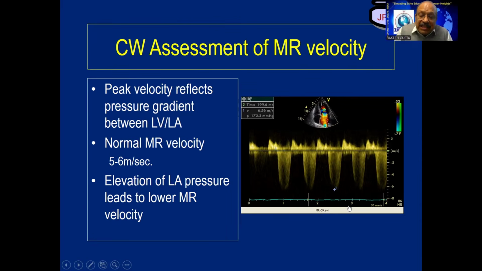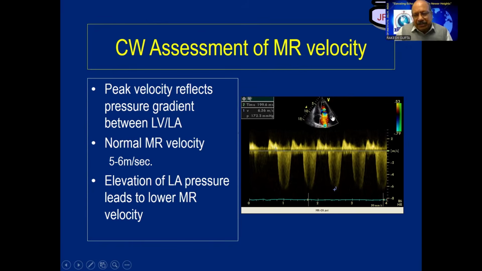If you have a lower gradient during your evaluation of MR, take my words, your LV is poorly contracting. Do it tomorrow. You will realize that patients who have severe mitral regurgitation have a dilated cardiomyopathy. You can assess their blood pressure. You already know how to assess diastolic.